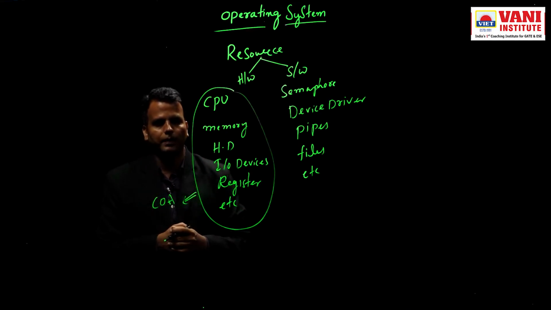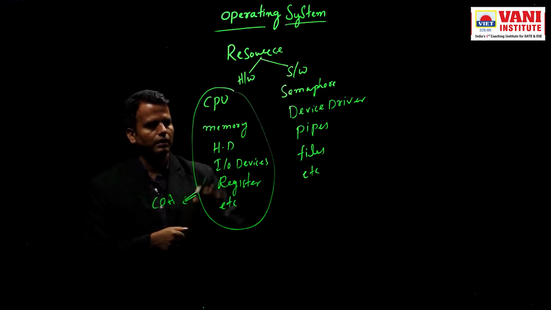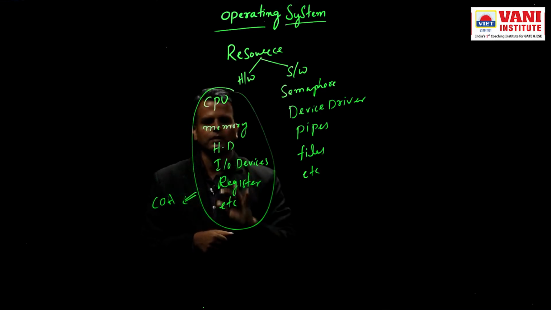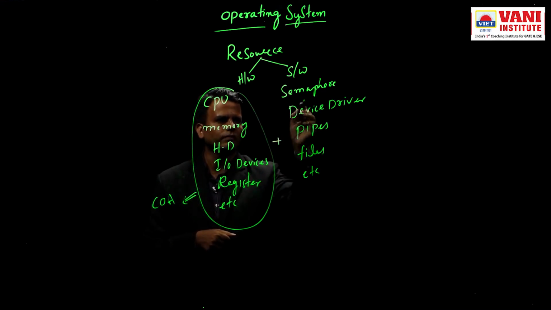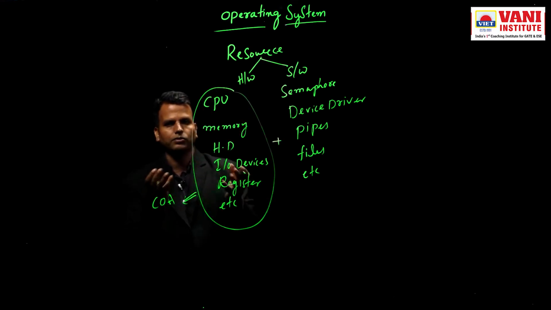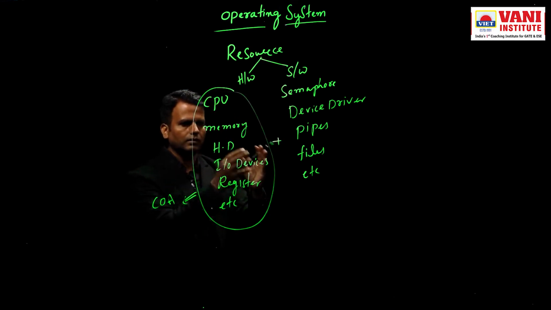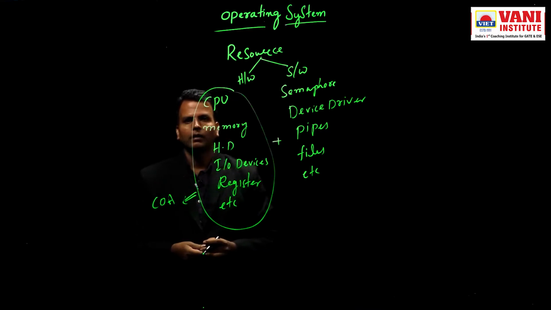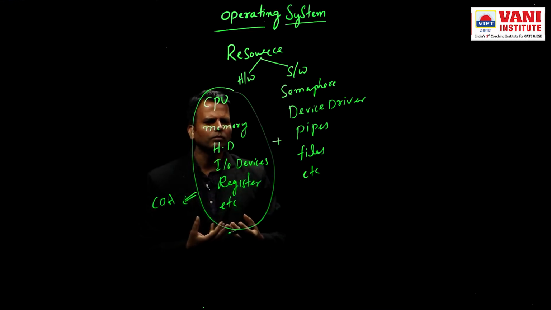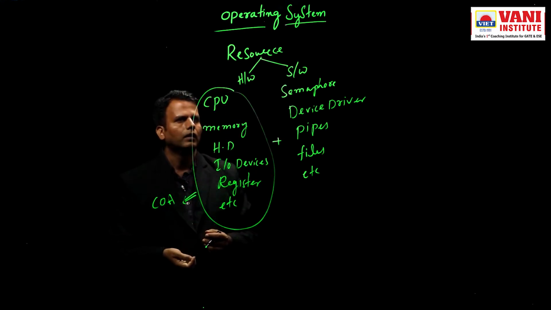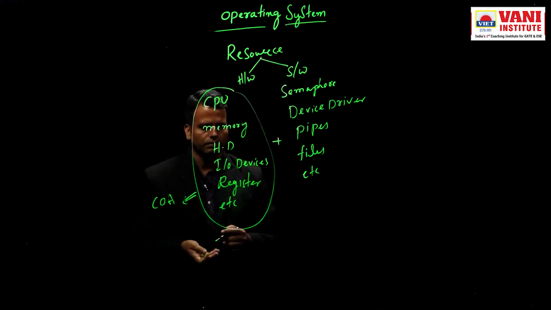Since I am dealing with the operating system, it is these resources plus the software resources, a combination of hardware and software. That's why people say that to go through the subject operating system, you need some little bit of knowledge of hardware. So these are the two types of resources we have seen.